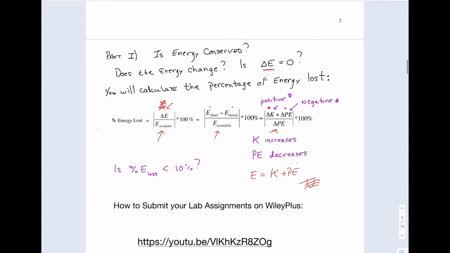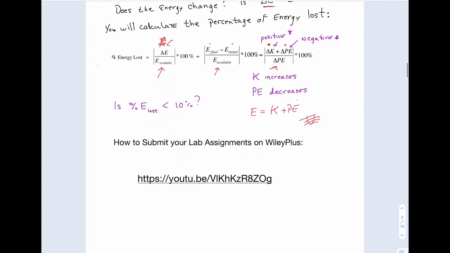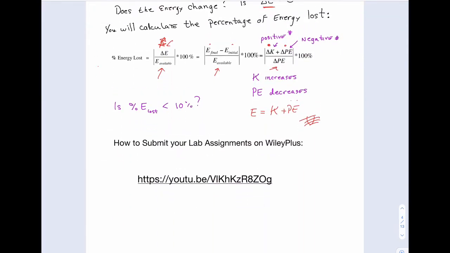So as this thing goes down the track, it speeds up. The kinetic energy increases, but it gets lower toward the table, so the potential energy decreases. So change in kinetic energy is a positive number, it's going faster. Change in potential energy is a negative number because it's going lower.